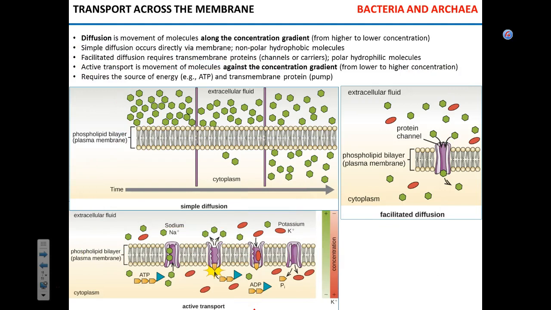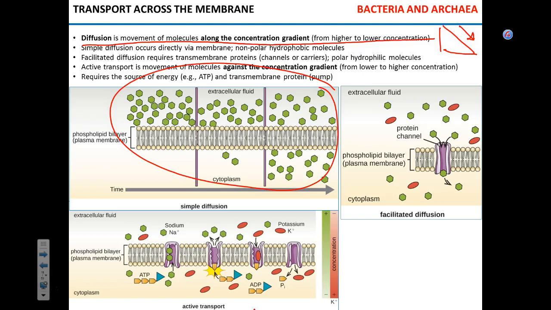So this is what we just mentioned. I want you to know 3 types of transmembrane transport. First is simple diffusion. I want to remind you that diffusion is the movement of molecules along the concentration gradient from higher to lower concentration.